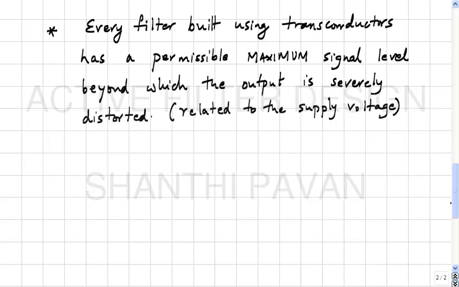But that is not the case in an active implementation, simply because every transconductor you build has a finite linear range. So this prevents signals from becoming extremely large, and puts a limit on the maximum signal level that the filter can handle.